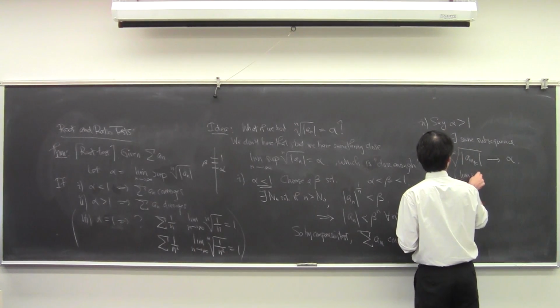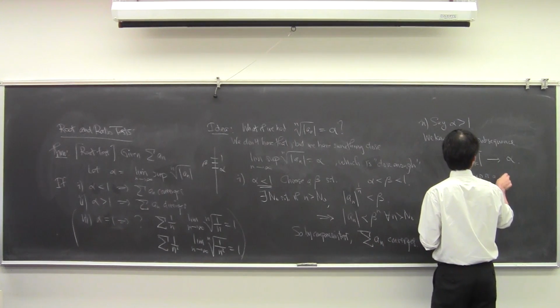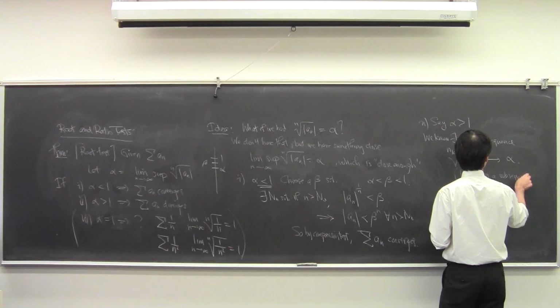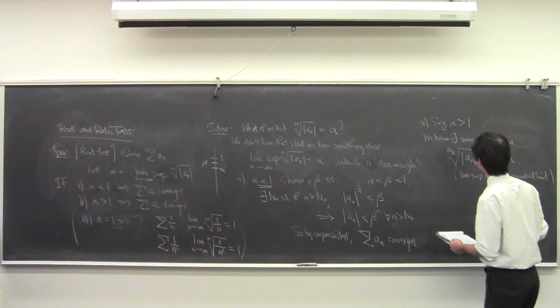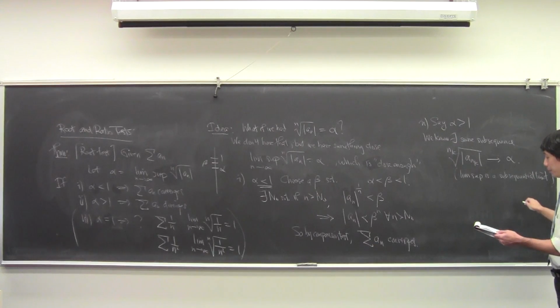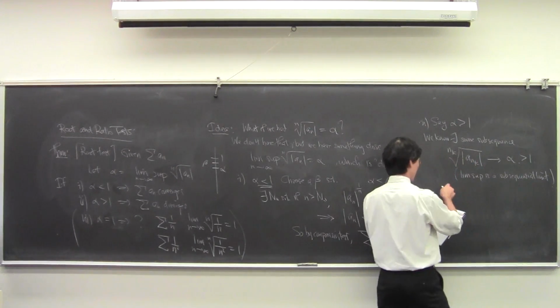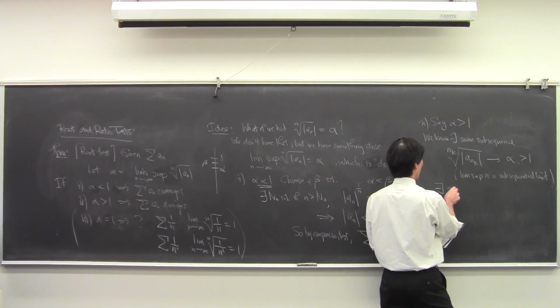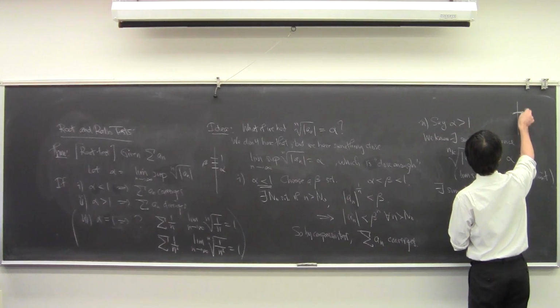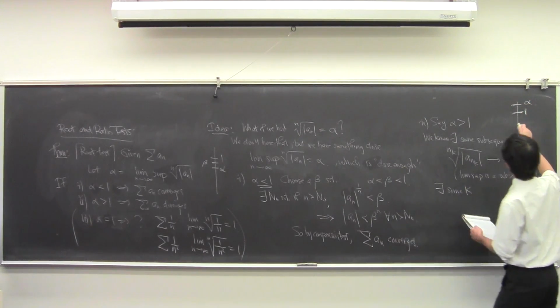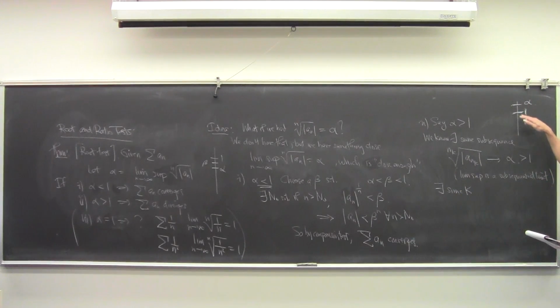The lim sup is a subsequential limit, which is bigger than 1. So now we have 1 here, and we have alpha, and we have some subsequence that converges to alpha.